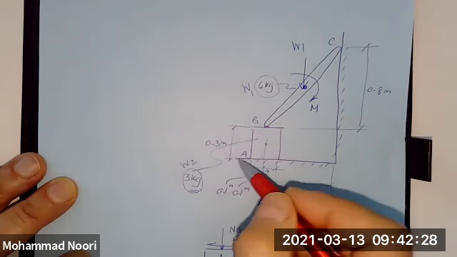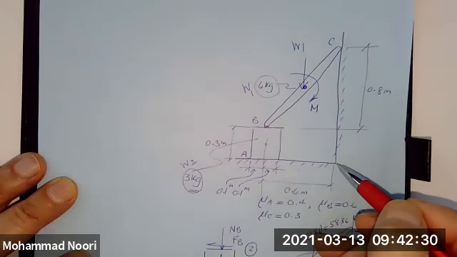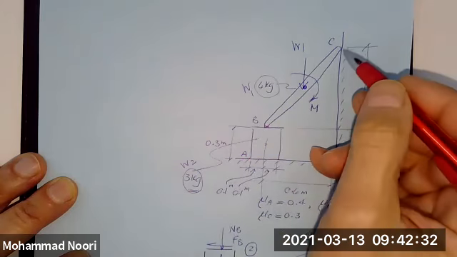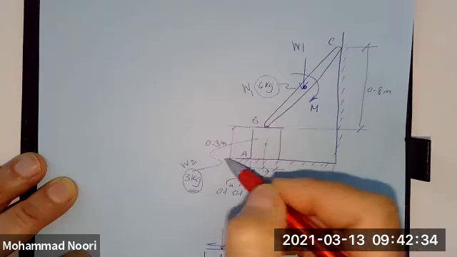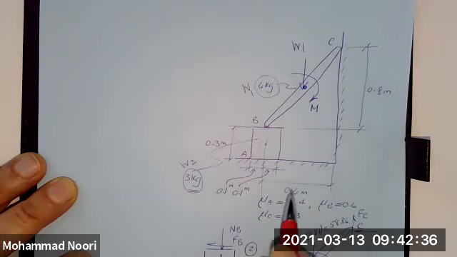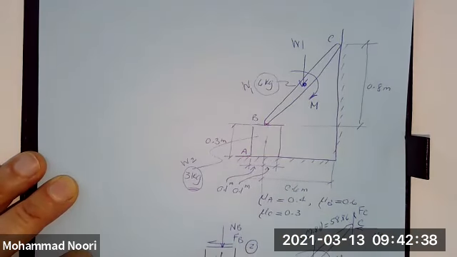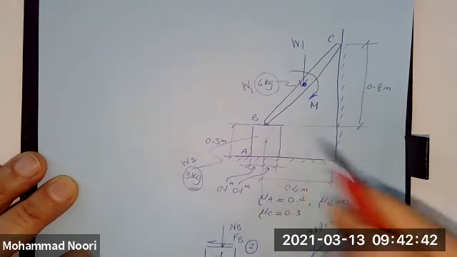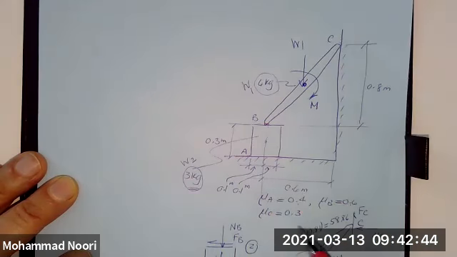This block is sitting on the ground. There are frictions along all these surfaces, and the coefficients of friction are given. Along here, 0.4, at B is 0.6, and at C is 0.3. But this is what the problem statement is.